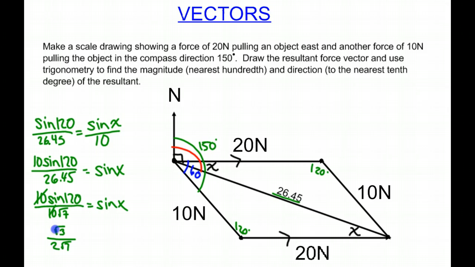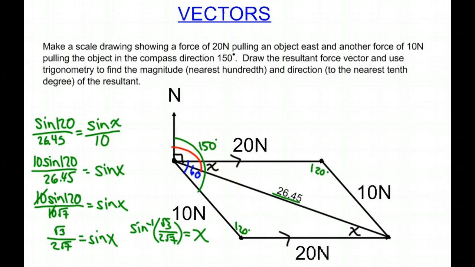And we have that square root 7 there still. And that's going to equal our sine x. So we just have to find the sine inverse of the value, square root 3 over 2 root 7, and that will give us our x.